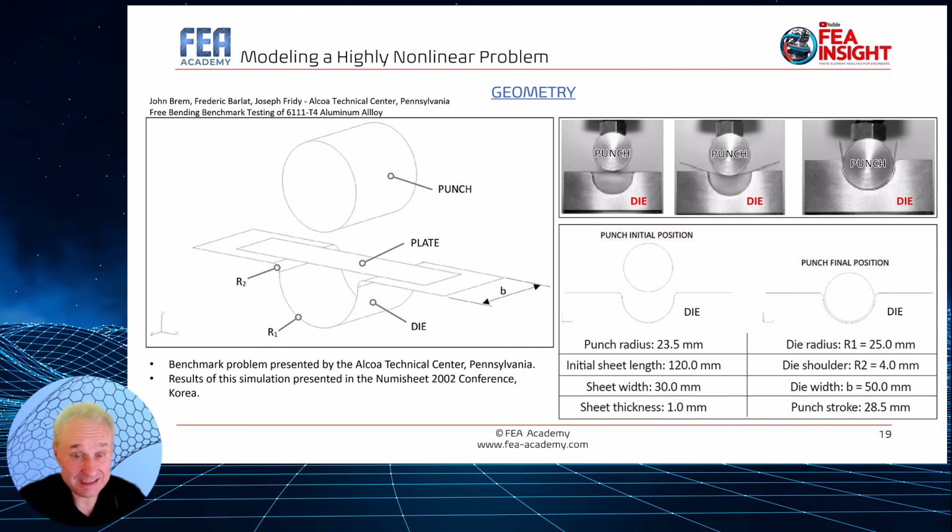I did the simulation using the Nastran solver, and I compared with the experimental results presented by the Alcoa team. As I said, I did the simulation with the Nastran solver, but you can replicate this exact simulation with any FEA package.